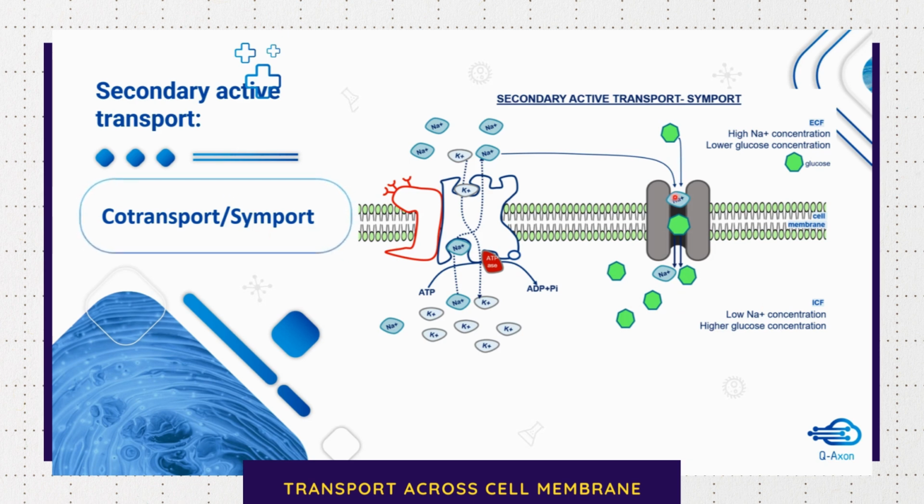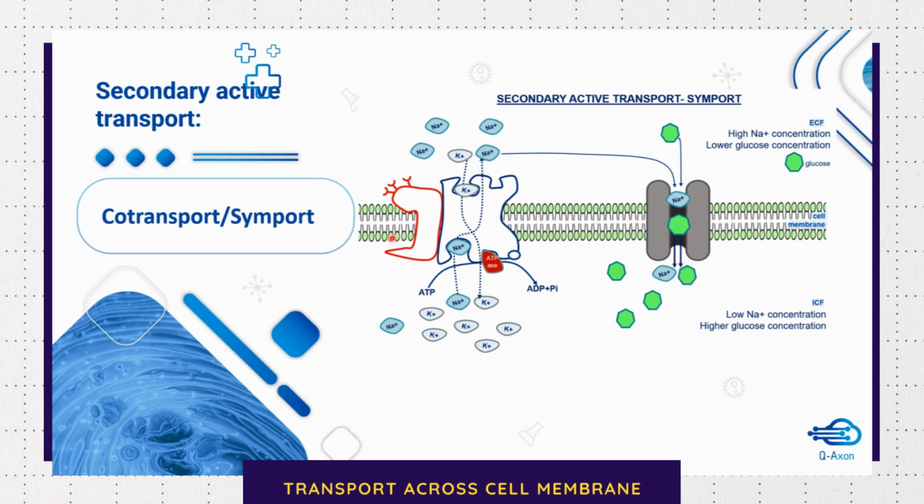Fine. So where is the energy utilized in this process? We said that active transport mechanisms use energy, but here we have not shown any use of energy. Actually, secondary active transport utilizes the energy which is stored in the gradient of sodium. Since sodium is moving from high concentration to low concentration, there is some potential energy stored in this, isn't it? So that energy it is using for transport of glucose, right? But where is the use of ATP?